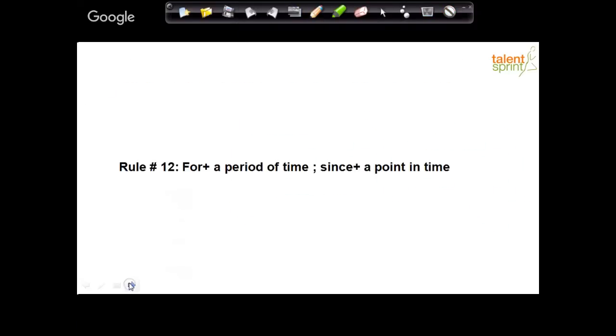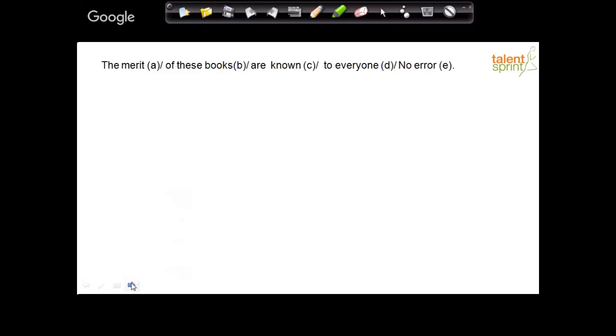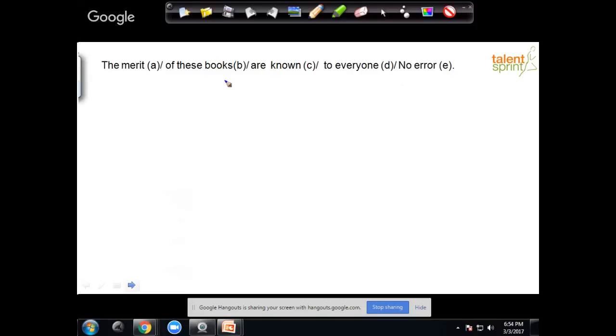Okay, so where were we? We finished this. We said we were here. So the merit of these books are known to everyone. Gunjan says B, the merit of these books. Okay. But quickly to point out, Gunjan, this is an error pertaining to, this is my subject, which is a singular subject.